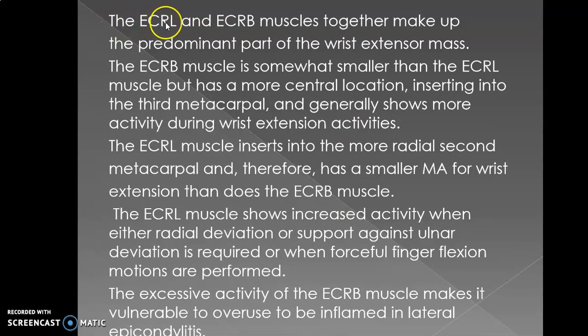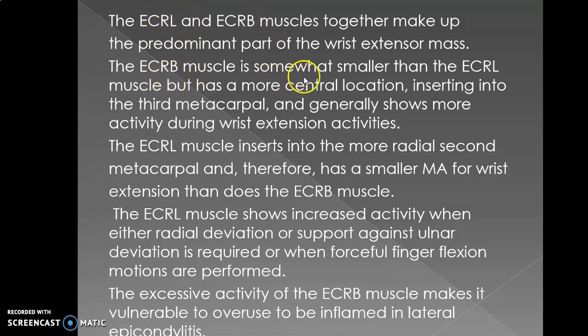The extensor carpi radialis longus and the extensor carpi radialis brevis muscles together make up the predominant part of the wrist extensor mass. I already told you that wrist extension is mainly by 3 muscles: ECRL, ECRB, and ECU. The two, ECRL and ECRB, make up the major bulk of our wrist extension mass.